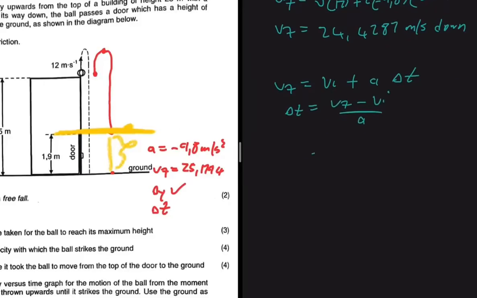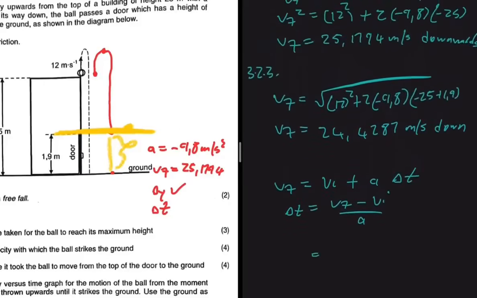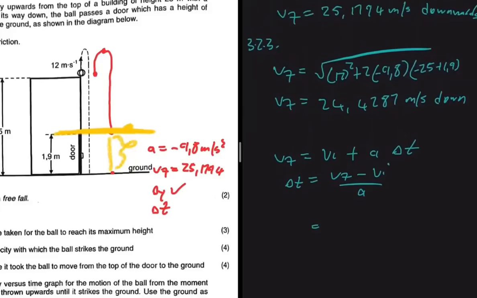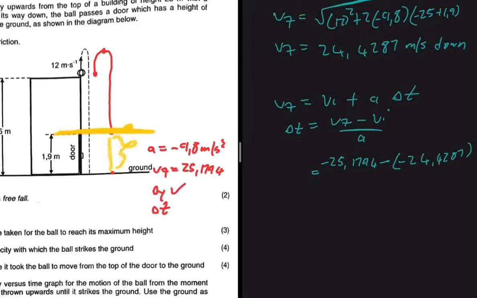VF is the answer we calculated in 3.2.2, so that will be minus 25.1794, because we're taking downwards as negative and upwards as positive, and then minus 24.4287, everything divided by 9.8.